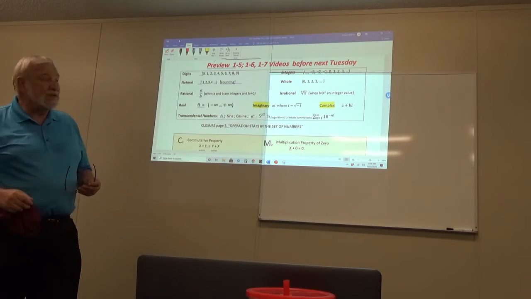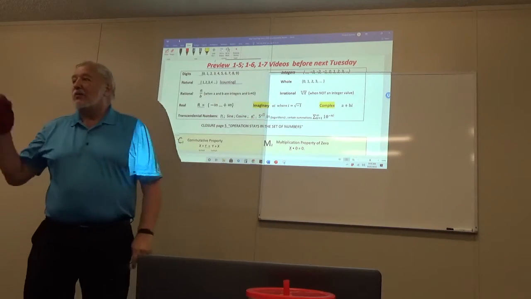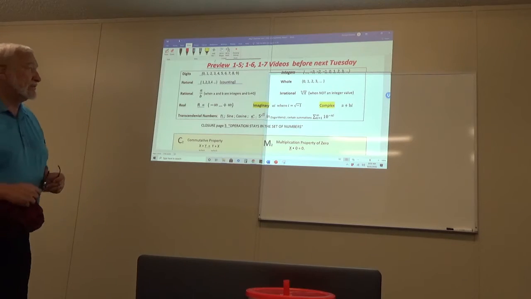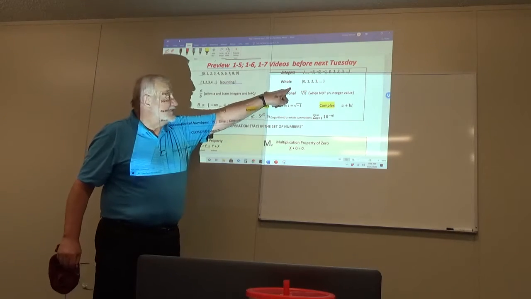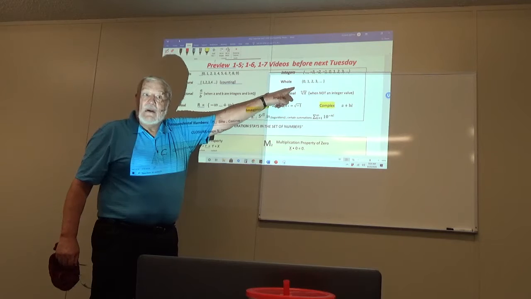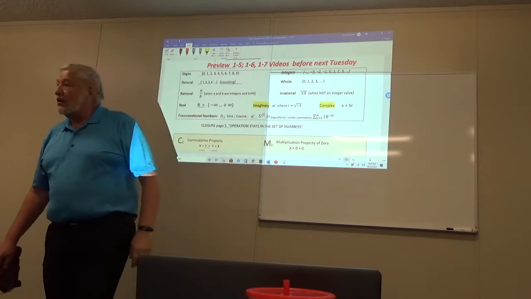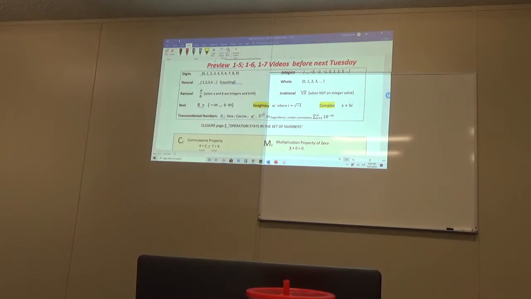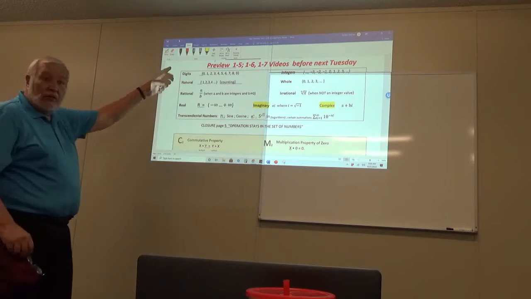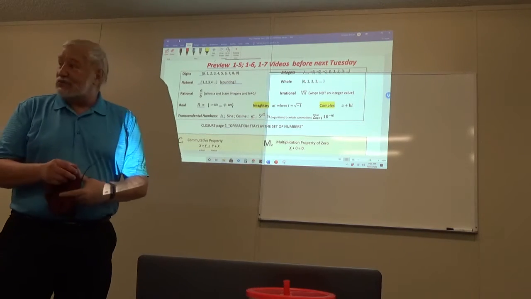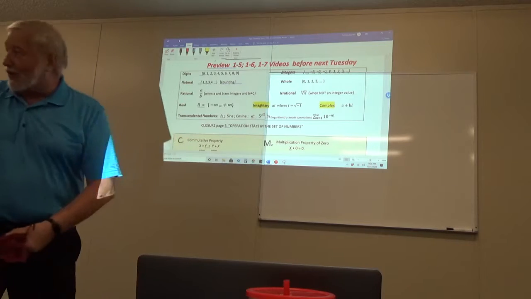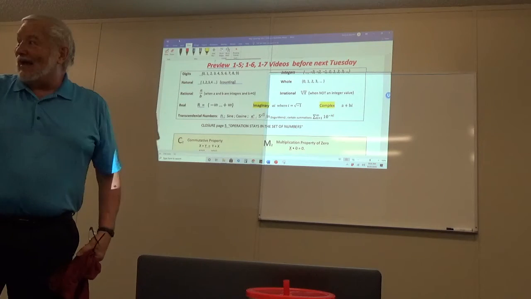Now, integers is up here. Integers are positive or negative whole numbers. So we've got to look at whole numbers first. Whole numbers start at what number? 0. The counting numbers start with 1, because I don't count the number of students in here by saying 0, 1, 2, 3. I count with 1.